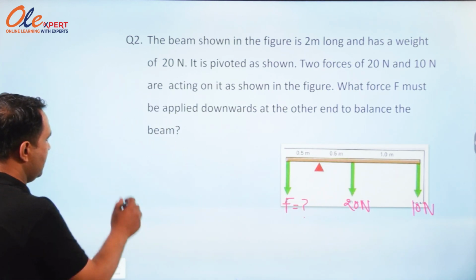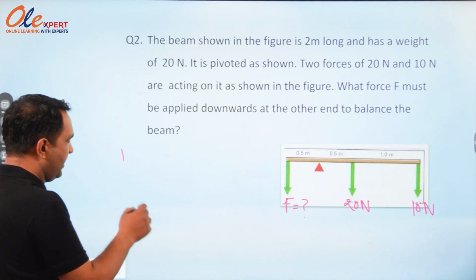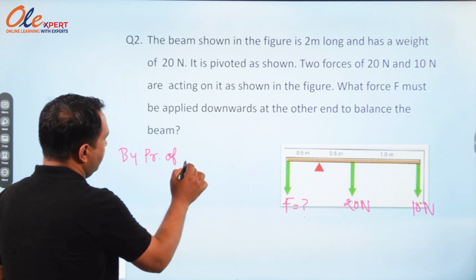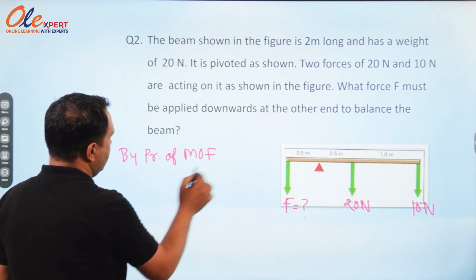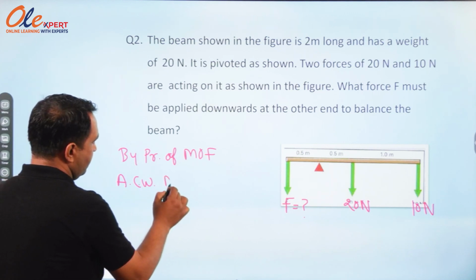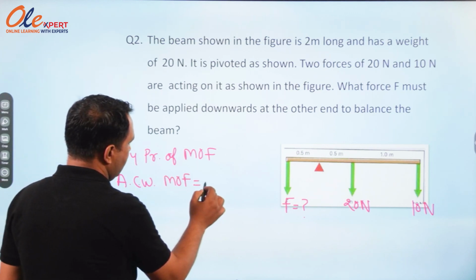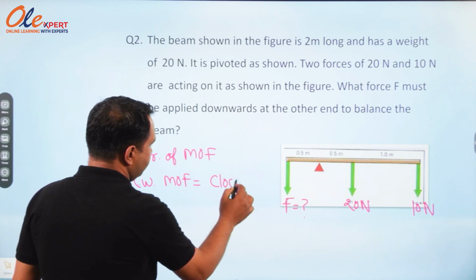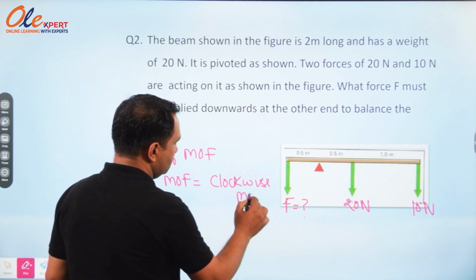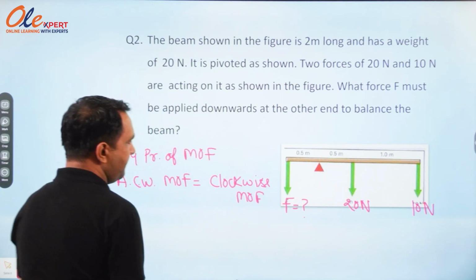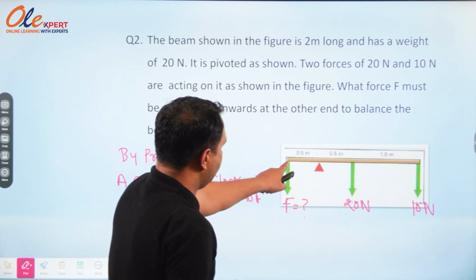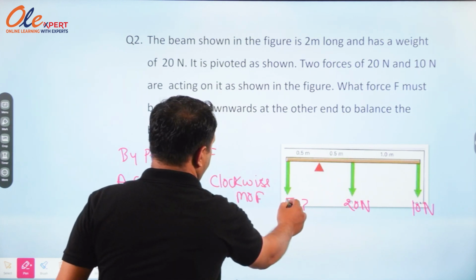So by the principle of moment of force, what will we apply? By the principle of moment of force, anti-clockwise moment of force should be equal to clockwise moment of force. So at this side, how many forces are acting? F is acting.